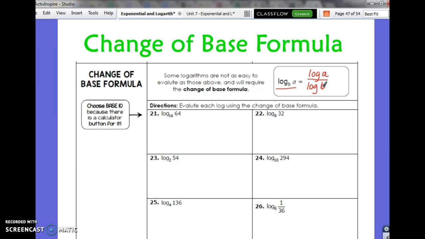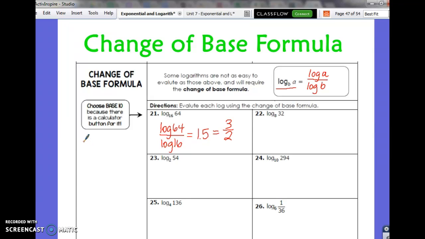To use this in practice, if you have a problem like log base 64 of 16, you rewrite that as log of 64 over log of 16. You can key that into your calculator, and when you do, you come up with the value of 1.5, or as a fraction, 3/2.